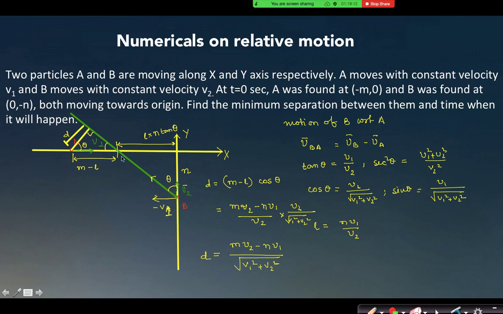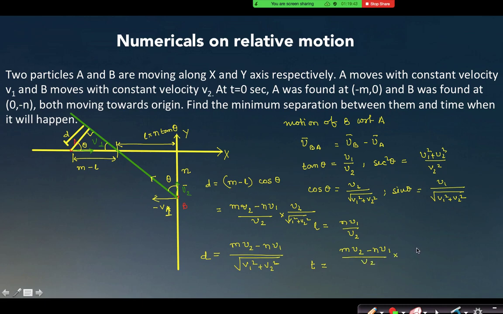What is this distance? I will just write down the expression. You can solve it or you can modify it. This length is m minus L sine theta. So m minus L means m v2 minus n v1 divided by v2, into sine theta.